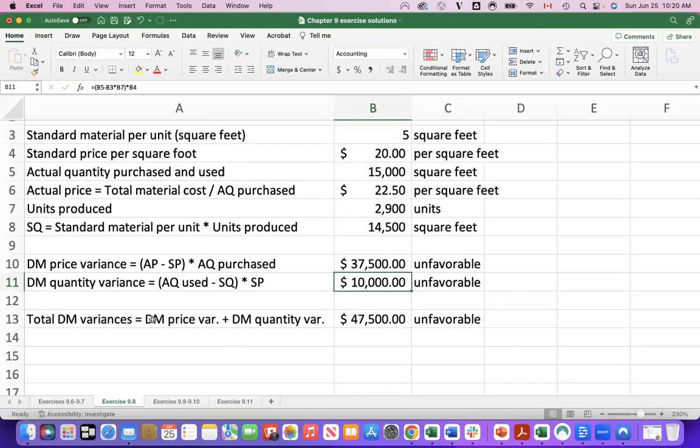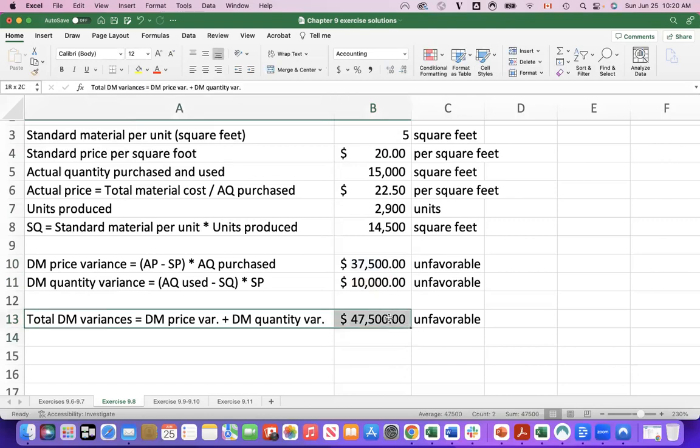And then finally, to calculate our total material variances, so how much did we deviate from what we expected to pay for material, that's the combination of our price variance and our quantity variance. In this case, because they are both unfavorable, you can simply add the two together to get the $47,500 of material variances.